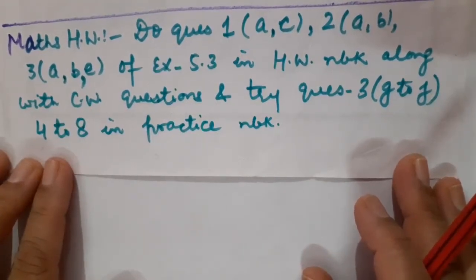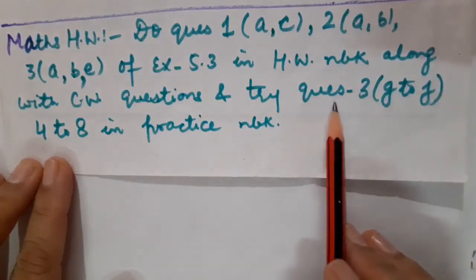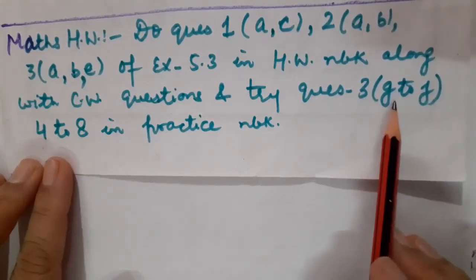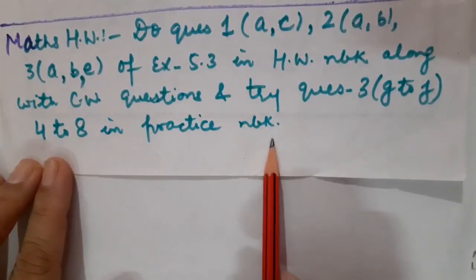Other than this, I am going to give you a few questions which you have to try, because if you try them once, you can better understand the very next lecture. You will have to try these questions, that is third question G to J part and 4 to 8 in your practice notebook. They are also based on the same concept, that is sum of first n terms of AP.